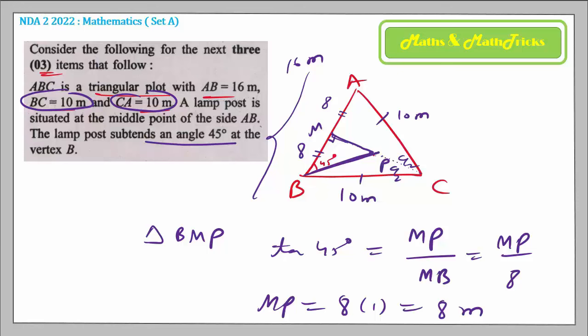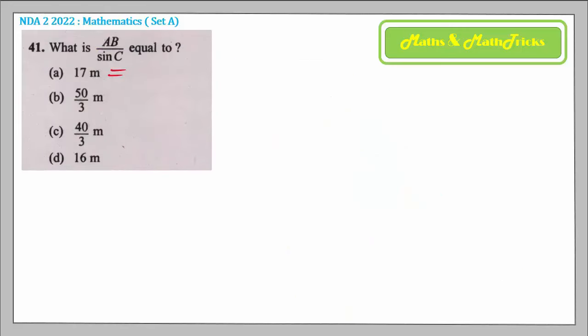So therefore for this next question to find out AB by sin C, you will be using the value of AB which is given, which was 16 meters, right? So AB is 16 meters divided by sin C. Open the formula, half angle, sin C by 2 cos C by 2.